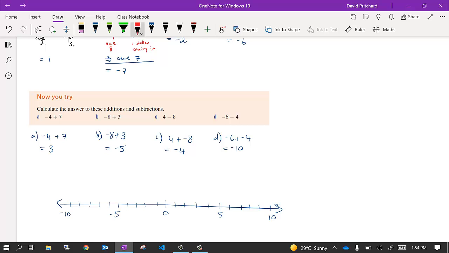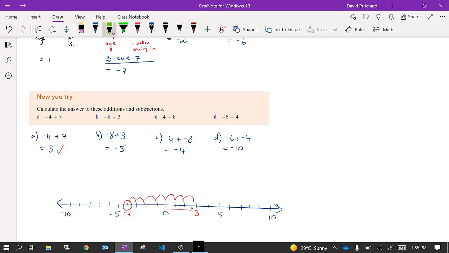Okay, so when I look at A, and I'll do this one in red, so we're looking at -4 plus 7. So we'll start at -4, and then we'll add 7. So we've got 1, 2, 3, 4, 5, 6, 7. So from 0, this is 3. So we end up with +3. So our first answer, 3, that confirms it. All right, the second one we'll do in green.